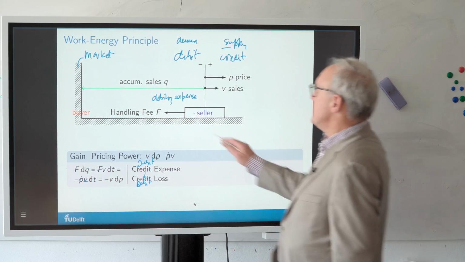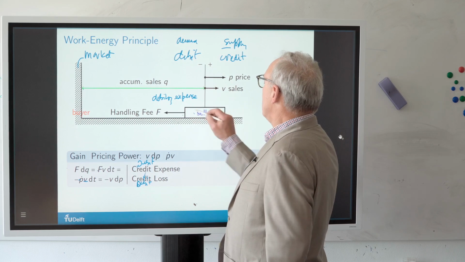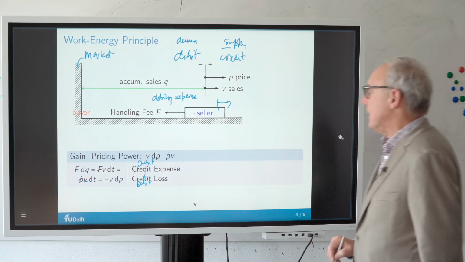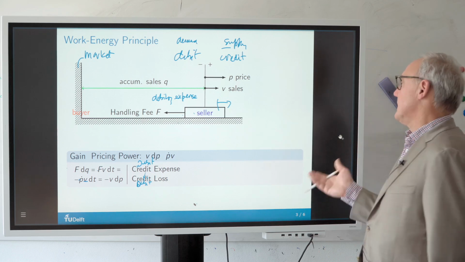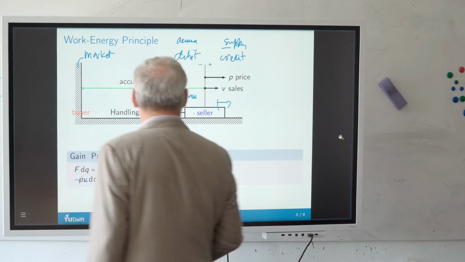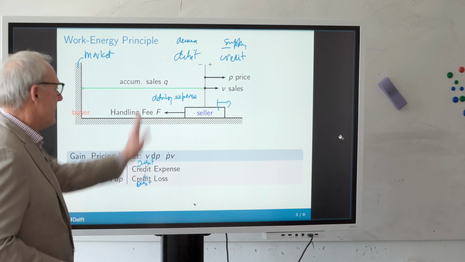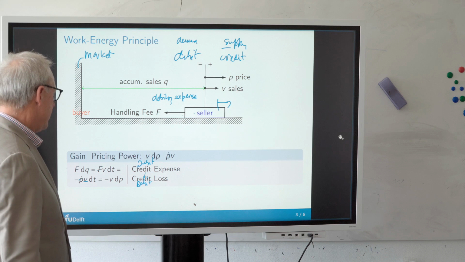So it's as if this handling fee, if you look at the books of this seller, he's going to have some kind of credit here, so here's going to be debit, and that's why I said credit over there. I just switched to the other side of the books.